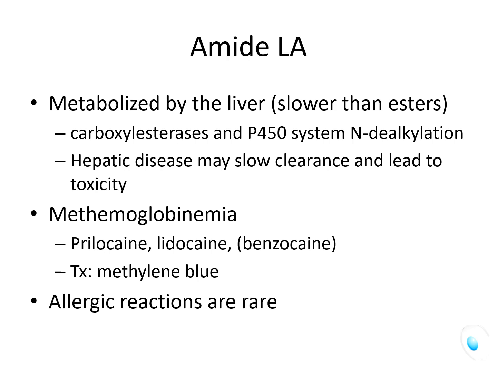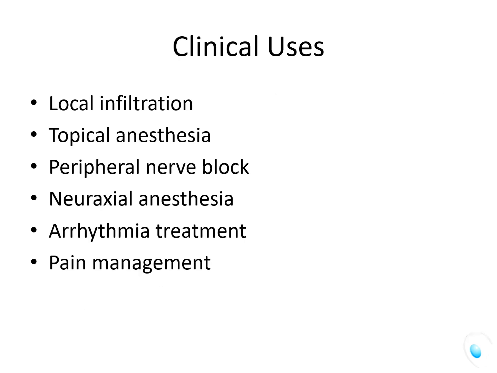But something that we'll allude to later, the amides typically, in general, are more potent than your esters. We haven't talked specifically about any of the local anesthetics in detail, but keep in mind that most of them have multiple uses. So I just went ahead and threw the clinical uses in here.